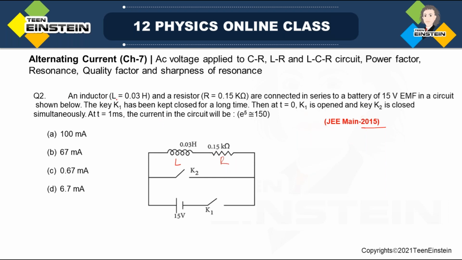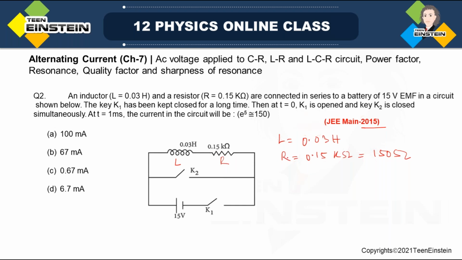An inductor L is equal to 0.03 Henry and a resistor of 0.15 kilo ohm. Let us write the values: L is equal to 0.03 Henry, R is equal to 0.15 kilo ohm, which we can write as 150 ohm.